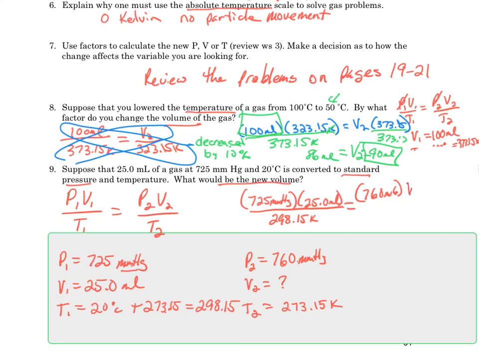My volume 2 is what I'm solving for. And my temperature.